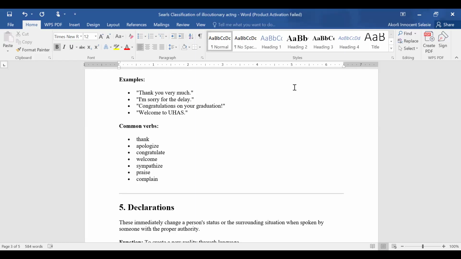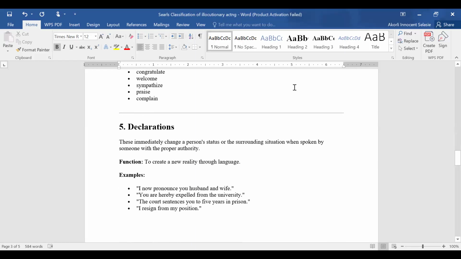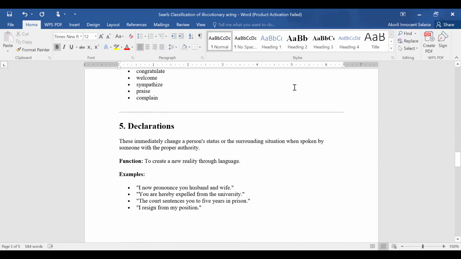Declarations. This immediately changes a person's status or the surrounding situation when spoken by someone with the proper authority. Function: to create a new reality through language. Examples: I now pronounce you husband and wife. You are hereby expelled from the university.